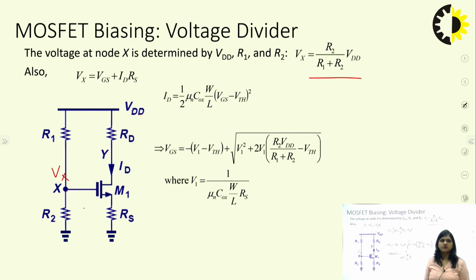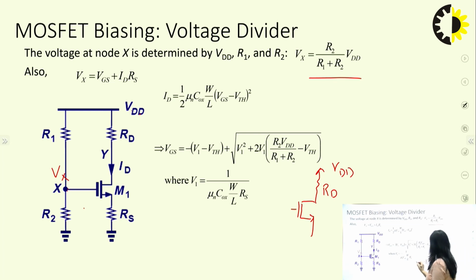Now if you know the value of Vx, you can apply KVL over there, because the circuit is simplified, and these resistors R1 and R2 are parallel, but the current through the resistors R1 and R2 is 0. If I draw the equivalent circuit, it will be like this. This is RD and this is VDD.